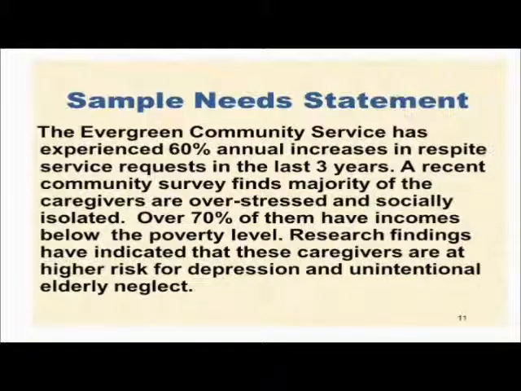That is a normative need. Research findings have indicated these caregivers are at higher risk for depression and unintentional elderly neglect. What do you think? That is a comparative need. So as you see, this statement puts together all of those needs, and hopefully this will become a more convincing need statement.